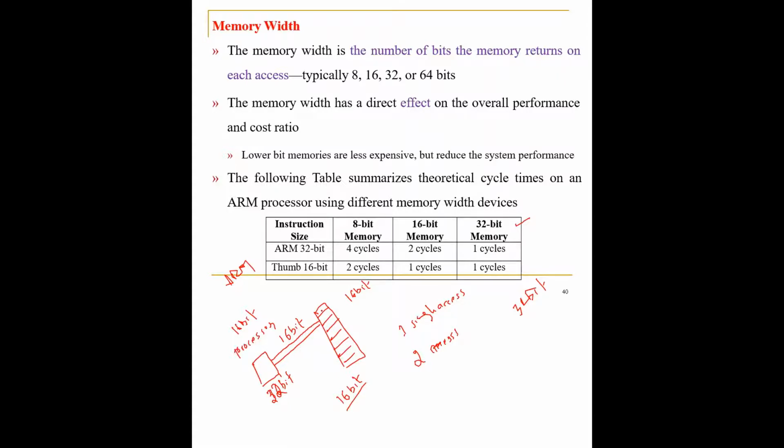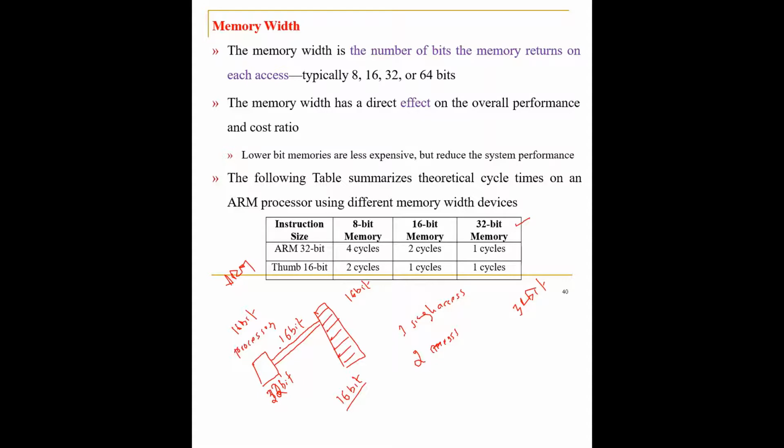So remember here, it's not only about the memory width, it's also about the bus I'm going to use. Suppose your memory is a 32-bit memory, your bus is a 16-bit bus, and your processor is 32-bit, then it is of no use because your bus at the maximum can carry 16 bits of data. 32 bits are available and can be processed, but in one machine cycle only 16 bits of data can be carried.